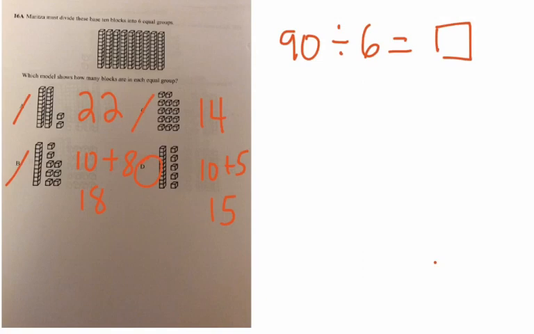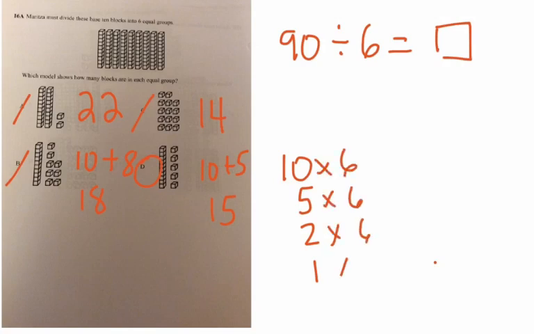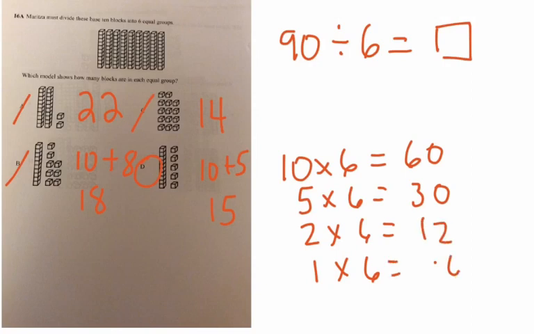But what I am going to start doing is chunking. So I use magic numbers. So I use 10, 5, 2, and 1. Each one of these I'm going to times by my groups and write down the product.